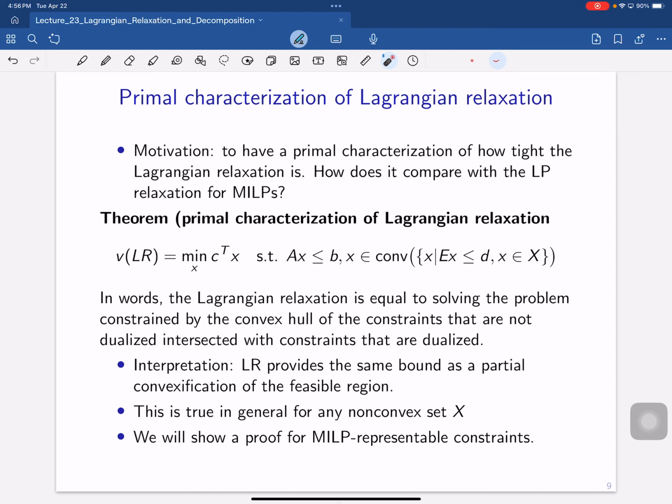So in words, the Lagrangian relaxation is equal to solving the problem constrained by the convex hull of the constraints that are not dualized, intersected with the constraints that are dualized.